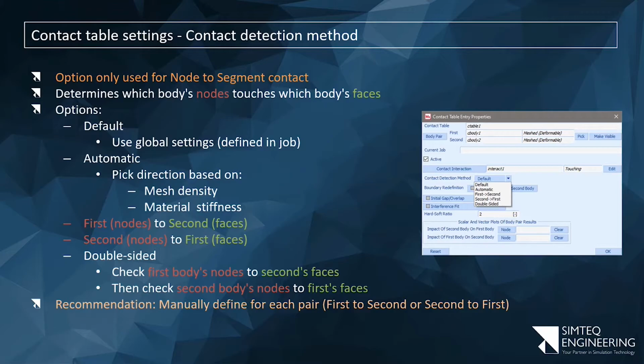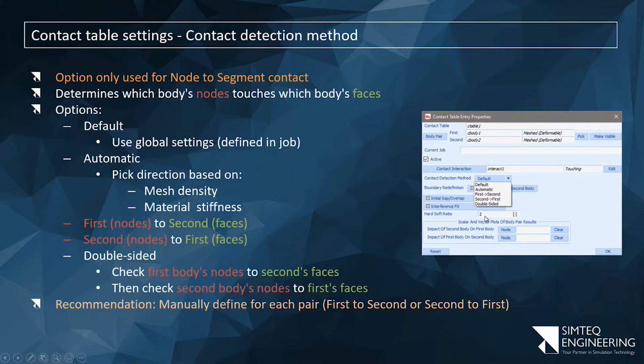Now, the question then is, and there is that weird number there, a hard-soft ratio, in the automatic method, it'll pick based on these. So it'll try to use the finer mesh as the first, the nodes part, and the coarser one the second, but it will also look at material stiffness.